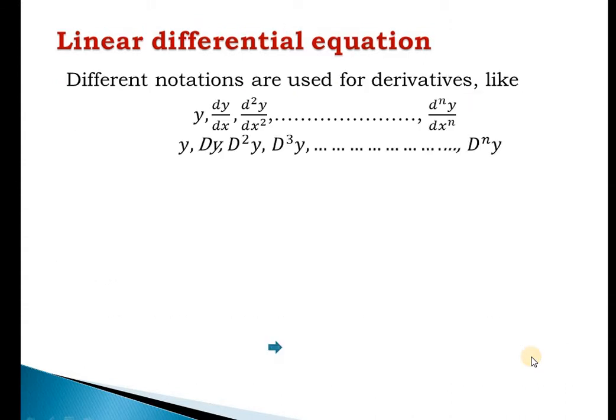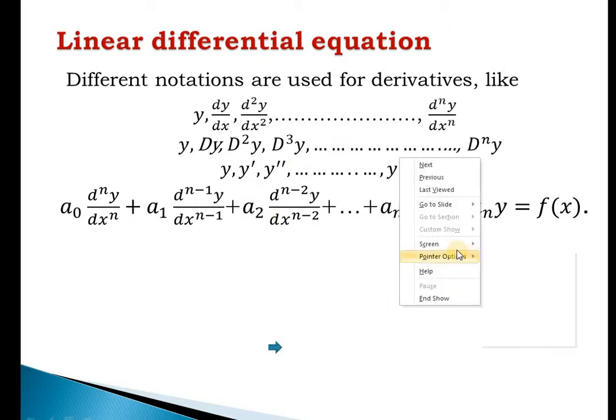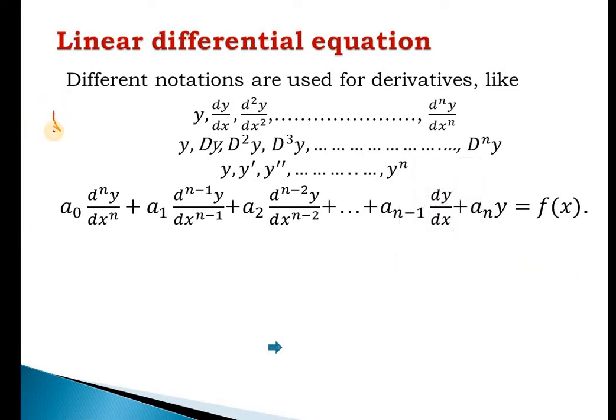Now there are different notations used to write derivatives, so different notations for a differential equation also. Suppose the differential equation d2y upon dx square plus y is equal to 0.